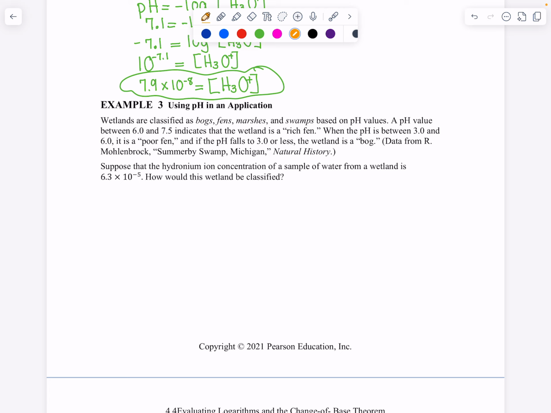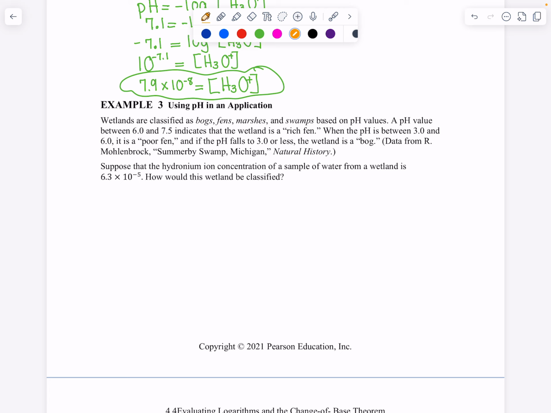This is from data that shows the data. Suppose that the hydrogen ion concentration of a sample of water from the wetland is 6.3 times 10 to the negative fifth. How would this wetland be classified? So we have to use the pH to classify this wetland.